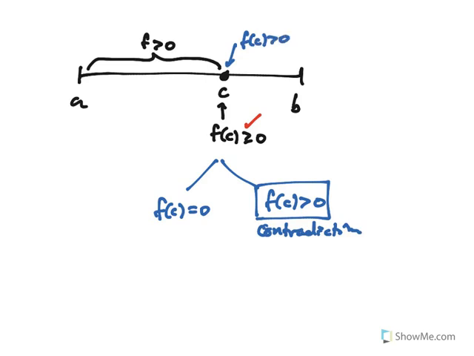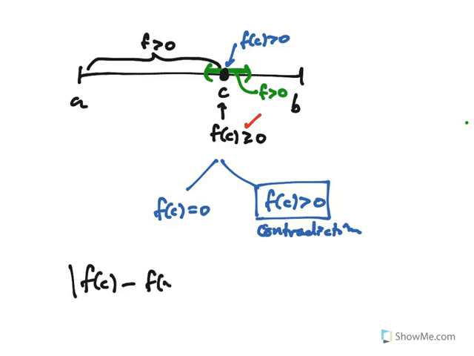Okay. Now, by the Lipschitz property, that's going to tell us that there's some interval around c where f is positive also. There's some interval centered at c, such that f is positive in that entire interval. Okay, and that interval will have a positive length.